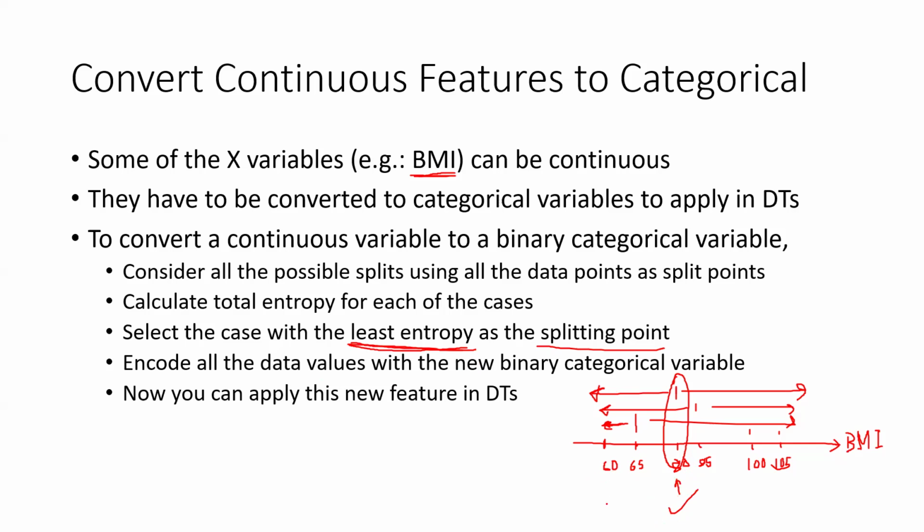For example, for this value, we can have 0 because it is lesser than this particular value, right? So other values 80, 85, 100, 105 are put as 1 for the positive case, right? So this is how we can convert this continuous variable into a categorical variable so that it can be used in decision trees, right?